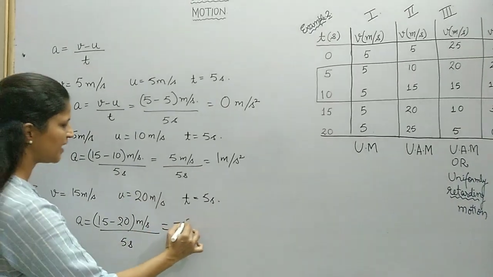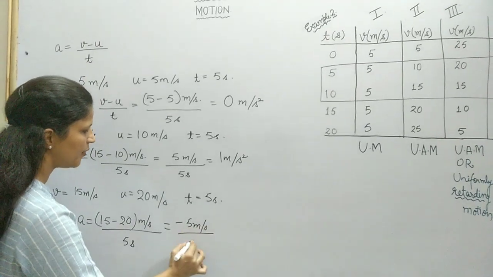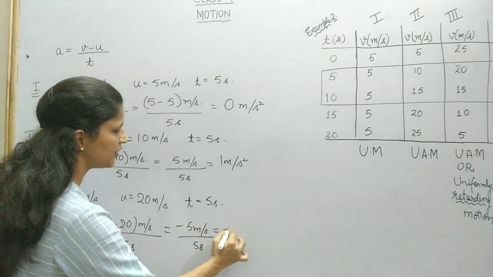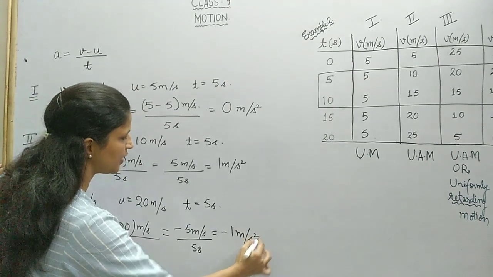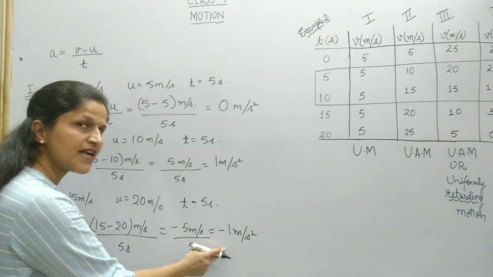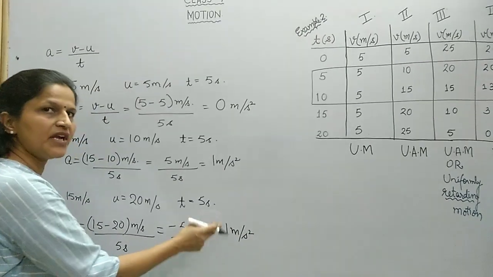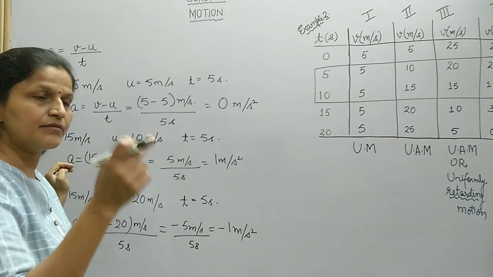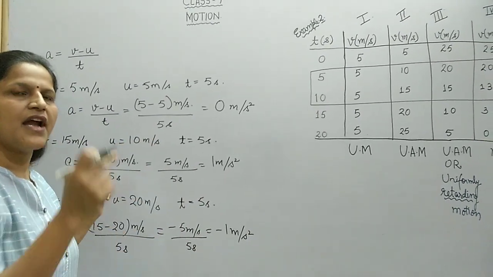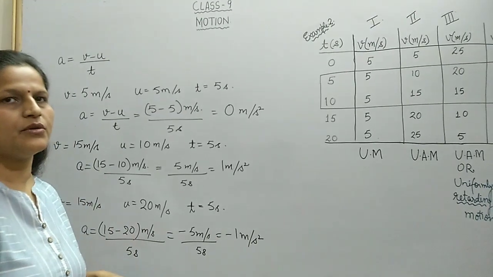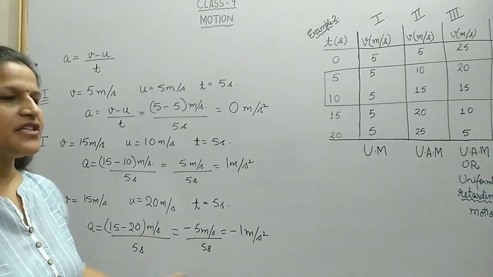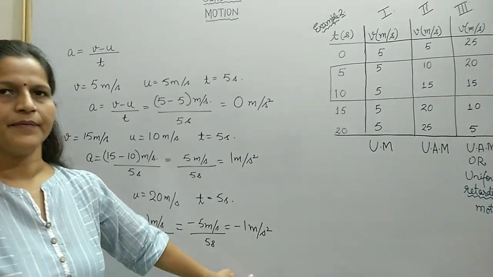This gives us minus 5 m/s upon 5 seconds, which is equal to minus 1 m/s². Now what is this negative sign indicating? The negative sign means the velocity is decreasing, and decreasing velocity is also known as retardation. So retardation is taking place in this case.